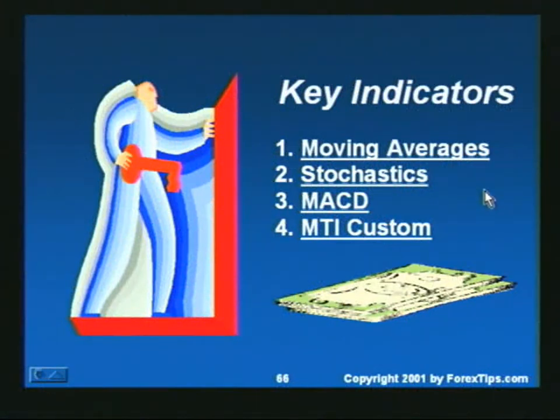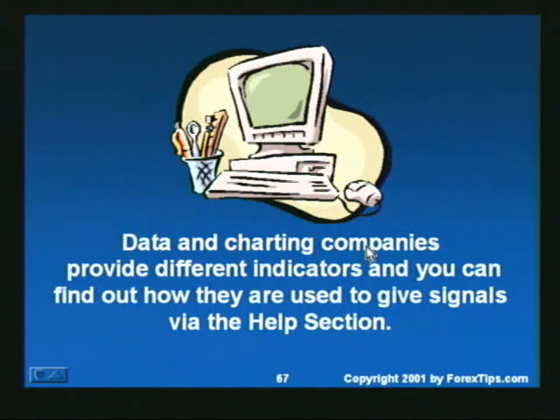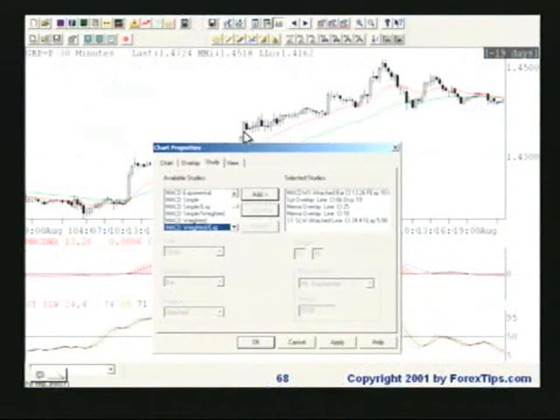Key indicators to use are a moving average, stochastics, MACD, and we have some Market Traders Institute custom indicators that you can use. Data and charting companies provide different indicators, and you can find out how they are used to give signals via the help section of your book.